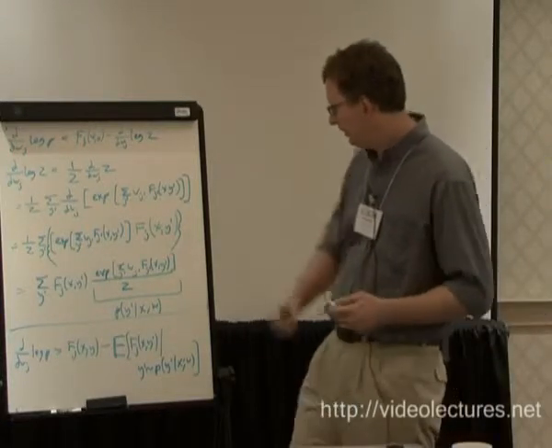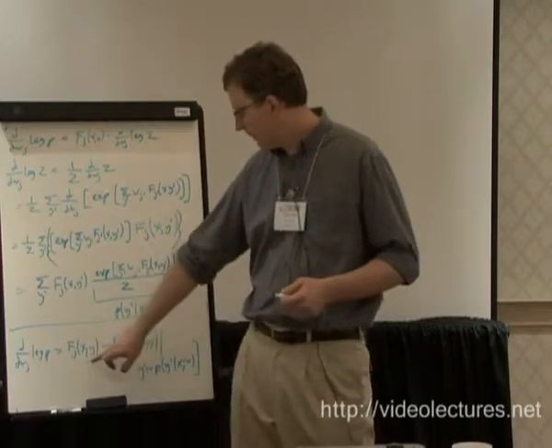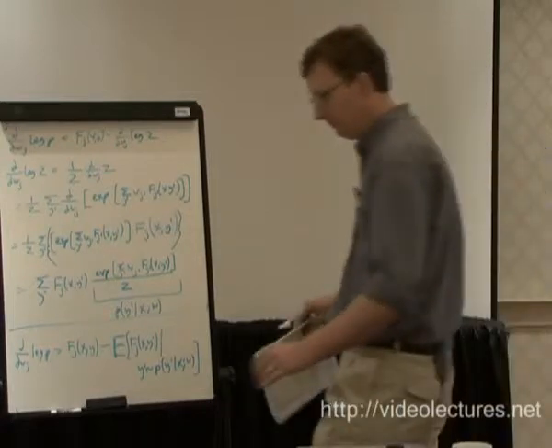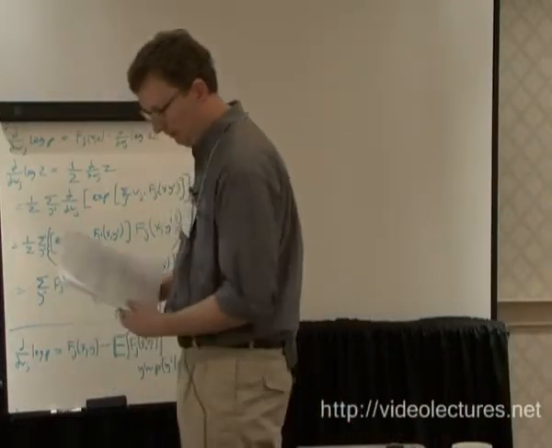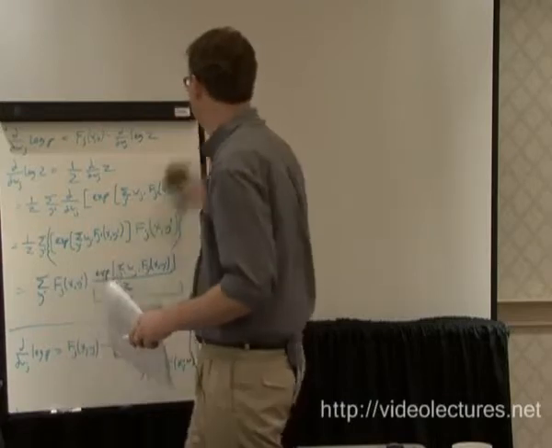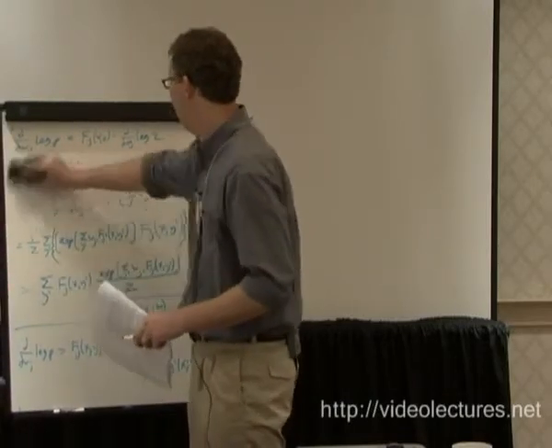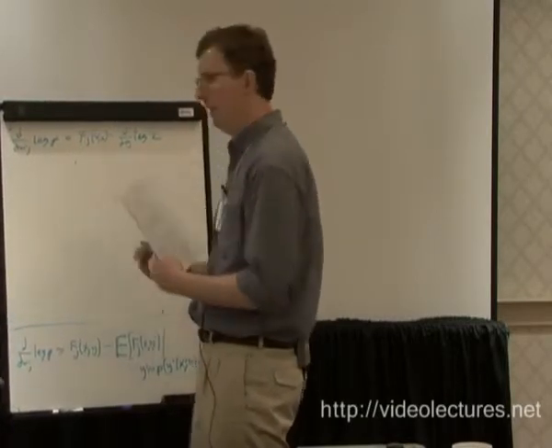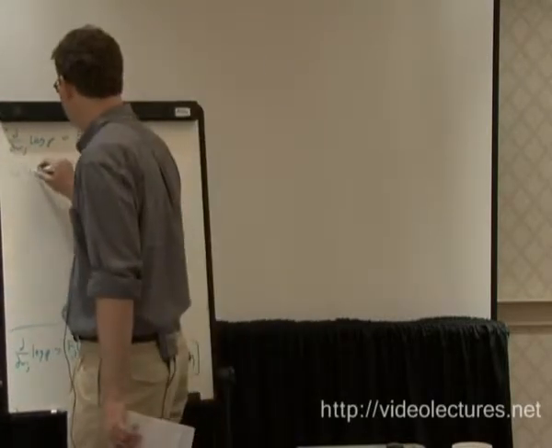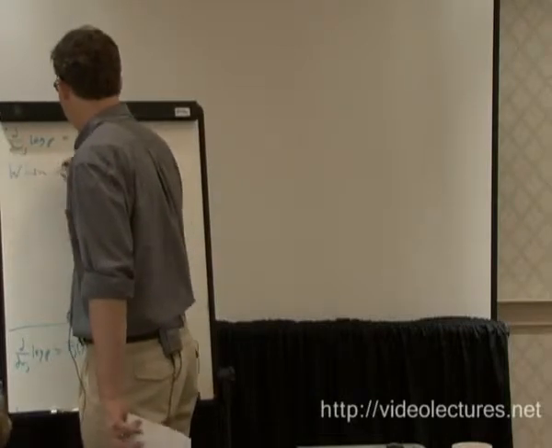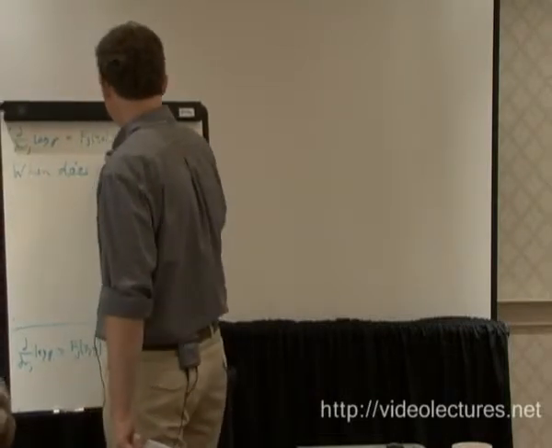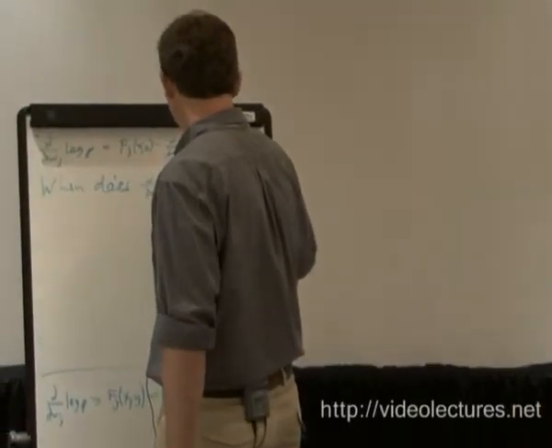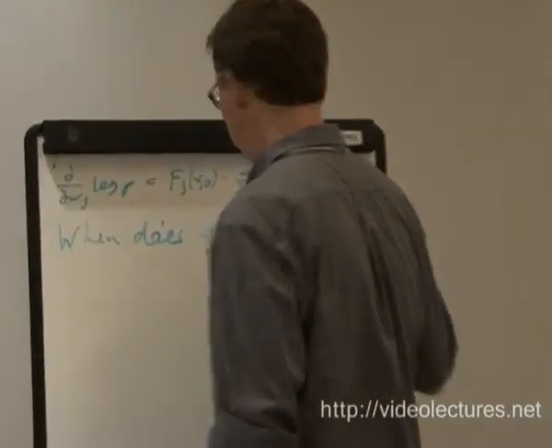And notice that if I have a feature function, okay, so we can ask the question, when does d by dwj log p equal 0?